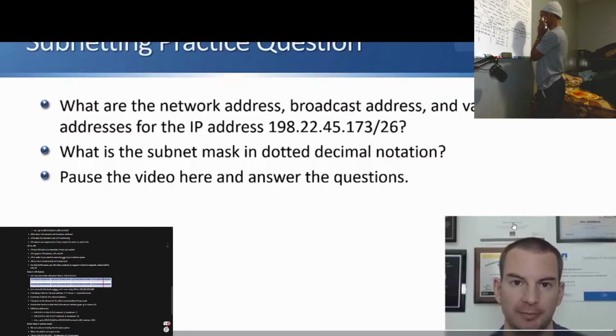Now the problem is, that's 24, that means it's basically 255.255.254. No, that 251, that's the last octet.